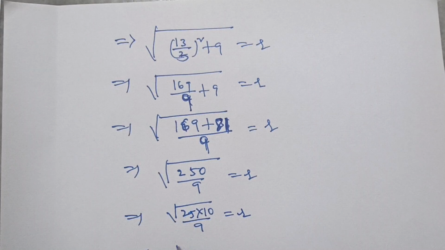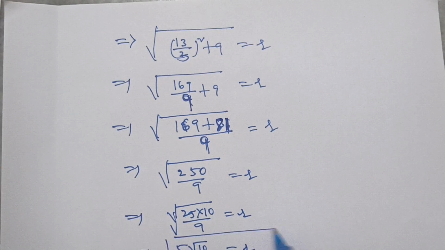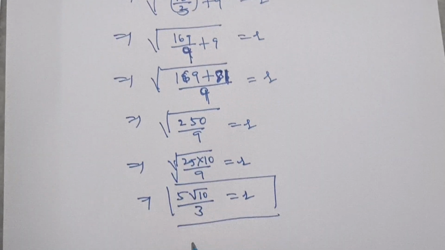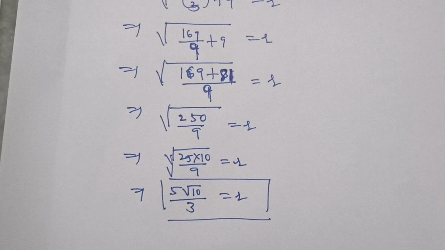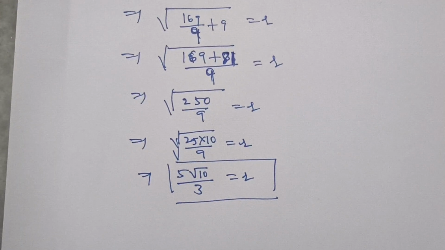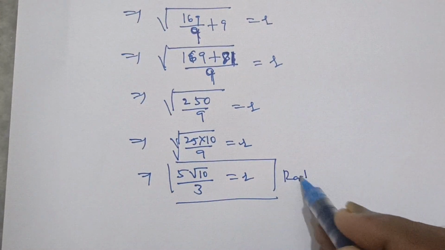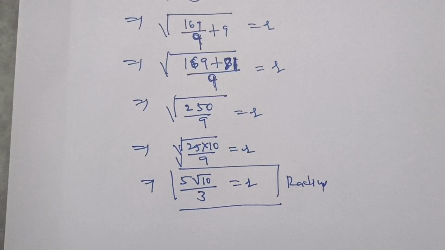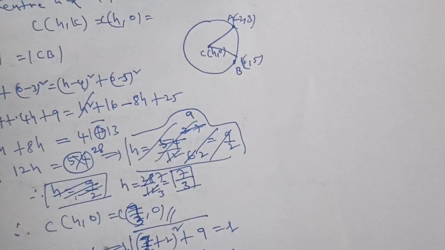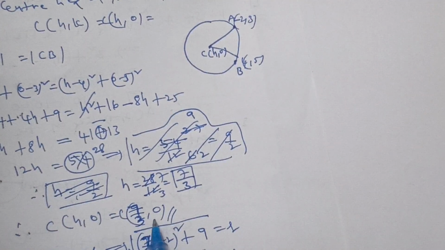So this can be written as 5 root 10 by root 9, that is 3, equals r.